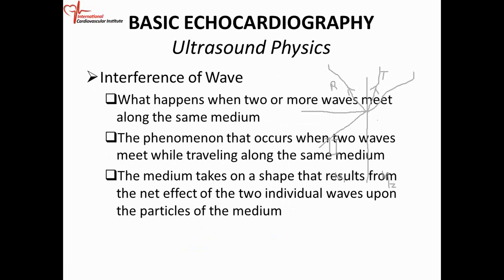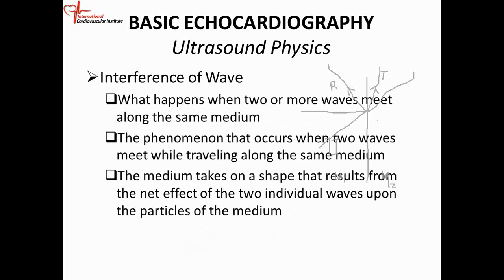Also, all waves interfere. Waves are going to interfere with each other. The interference of waves is extremely important. Interference of waves is what happens when two or more waves meet along the same medium.